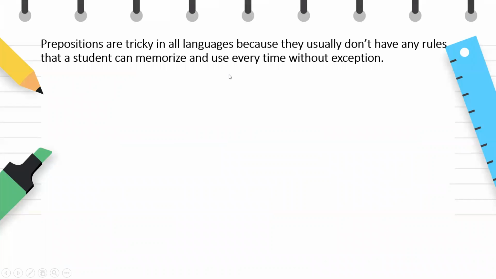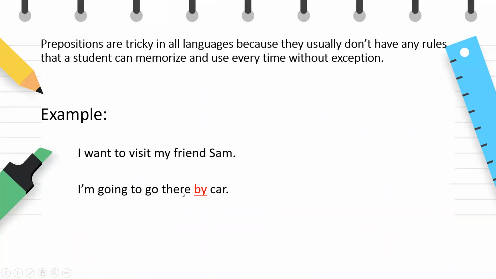When we talk about prepositions, we can say that prepositions are tricky in all languages because they usually don't have any rules that a student can memorize and use every time without exception. For example, I want to visit my friend Sam.